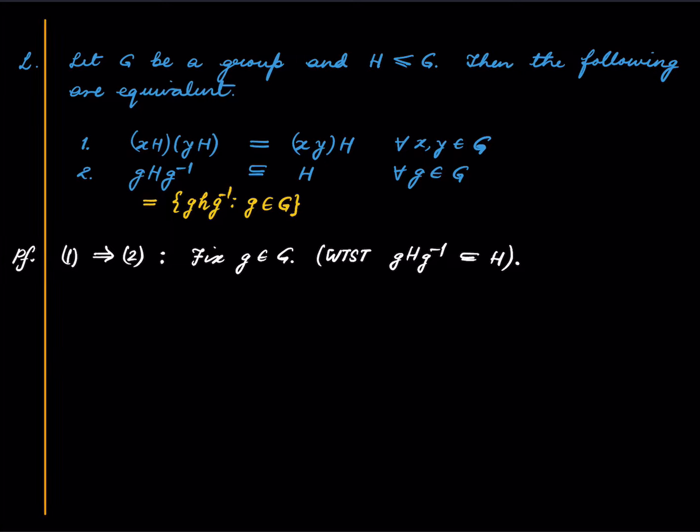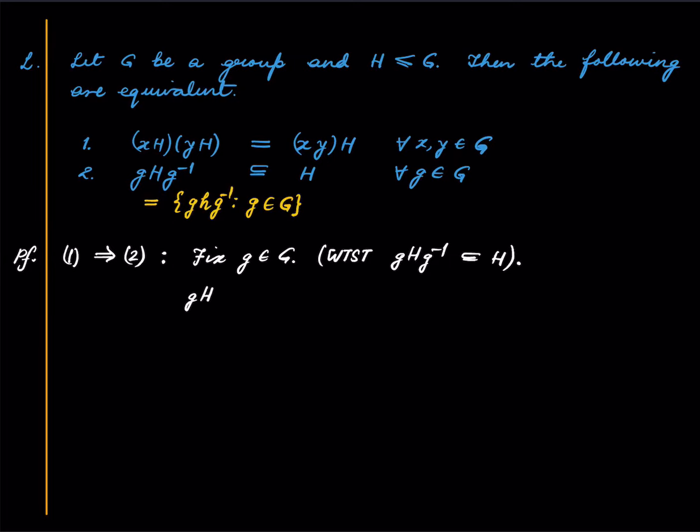So by one, we have g H g inverse H is g inverse H, which is of course equal to H. So this implies in particular that little g, little h, which is a member of that thing, and g inverse, e is the identity of the group.